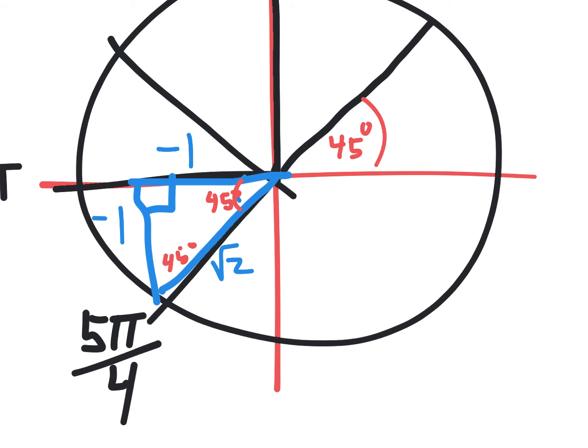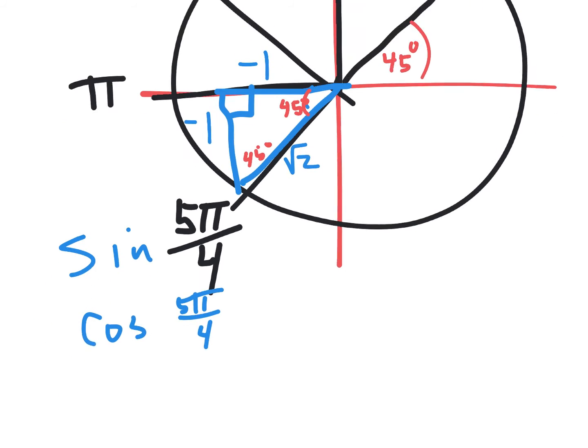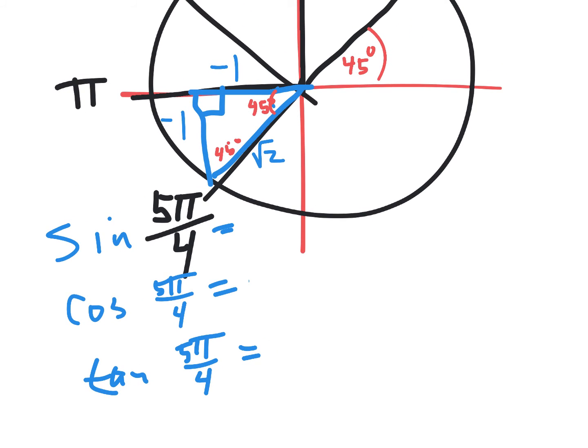Okay, so back to what were we doing this for? Because I said you'd be able to find sine of 5 pi over 4, or cosine of 5 pi over 4, or tangent of 5 pi over 4, and I was a little concerned you wouldn't be able to draw the triangle. But now that you've got the triangle, there's 2 ways to do it, and I'm going to do it the normal way first. Isn't sine just the opposite over the hypotenuse?